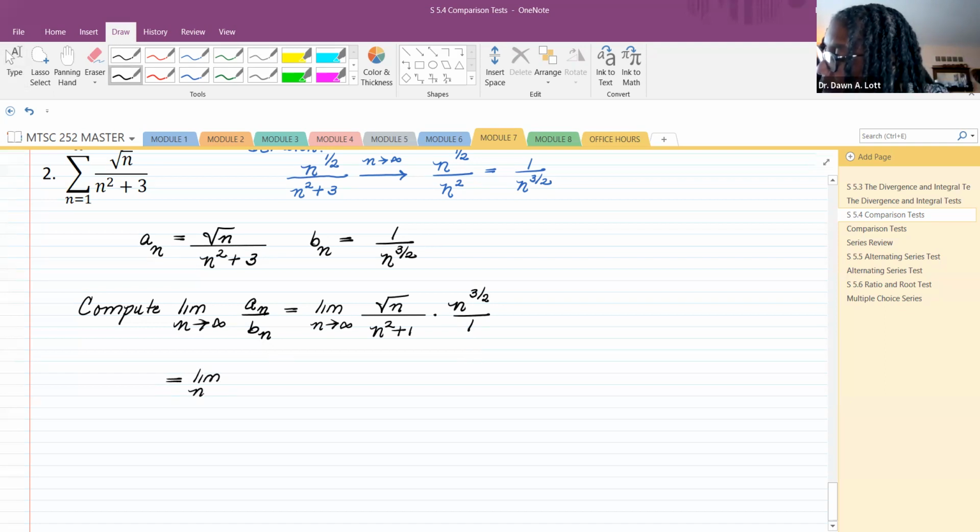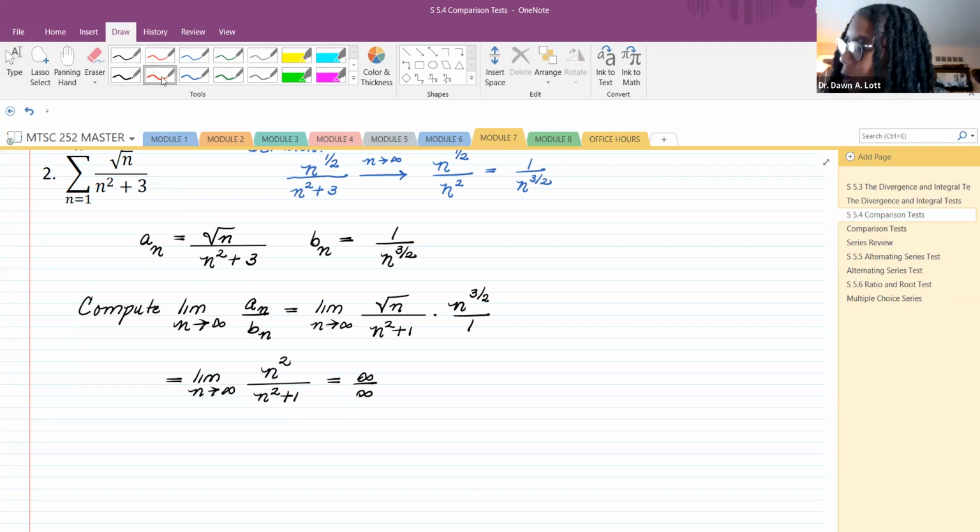The limit as n approaches infinity of n squared over n squared plus 1, and you get infinity over infinity. So yes, we can use L'Hopital's rule.